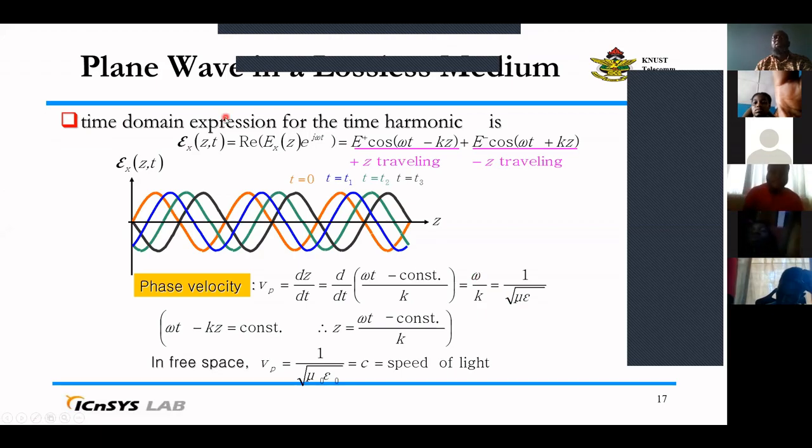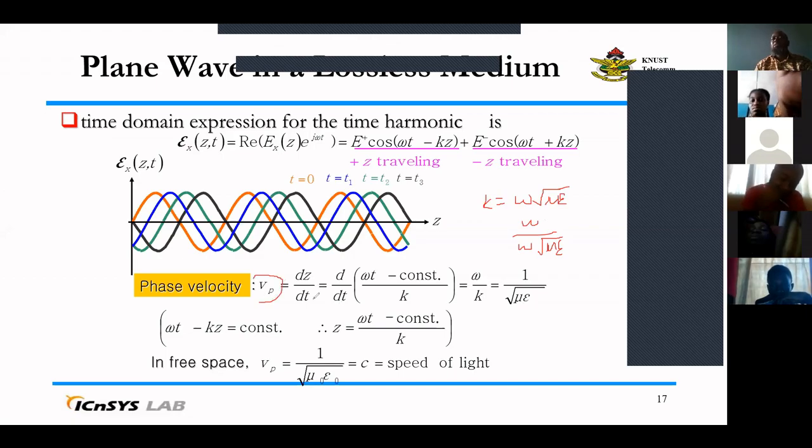Now, ω divided by k. If you remember, what is the expression of k? k was given as what? ω times square root of μ ε. Therefore, ω divided by k means this will be ω divided by ω square root of μ ε. So ω cancels out and you have 1 divided by square root of μ ε.